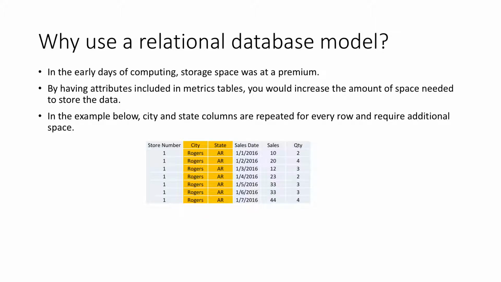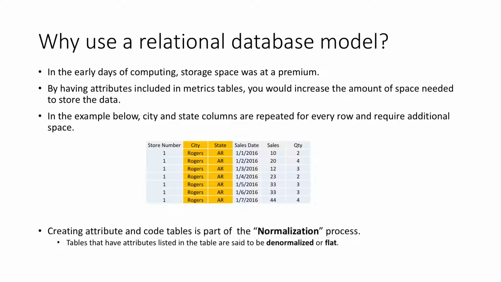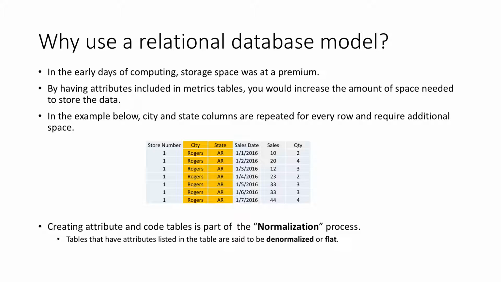Okay, and so this is an example. This would be a metric table where we've added the city and state attributes to every row. You can see how large this would make the table if this was repeated, because normally your metric tables are pretty big, right? And so instead of having those included in the actual table, we remove them.